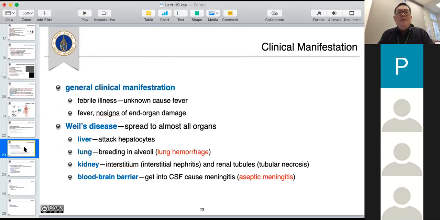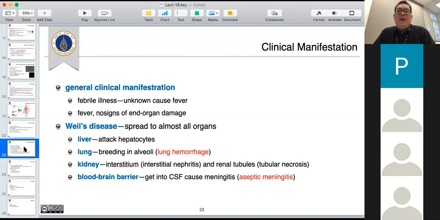We call it febrile illness. This term is probably important. Febrile illness means a disease that causes fever with unknown cause. Well, there are tons of diseases, about 30, 40 diseases, with fever as the main symptom, but we don't know the causative agent. We call it febrile illness. Okay, in general, you just get fever.